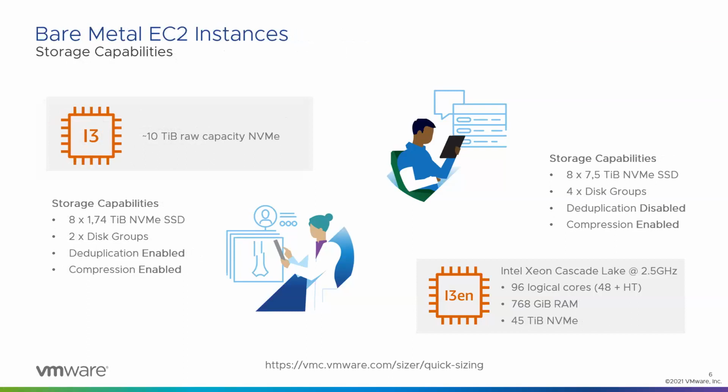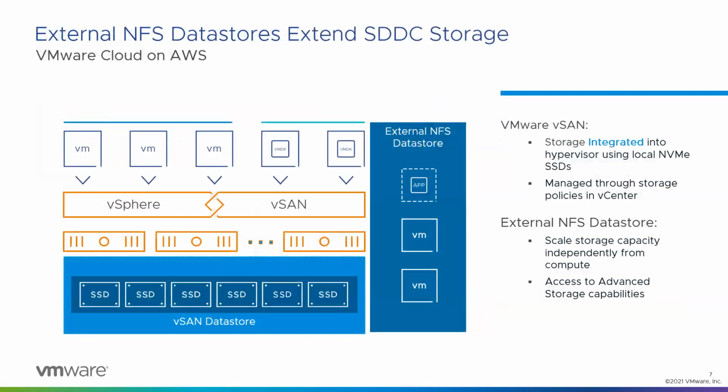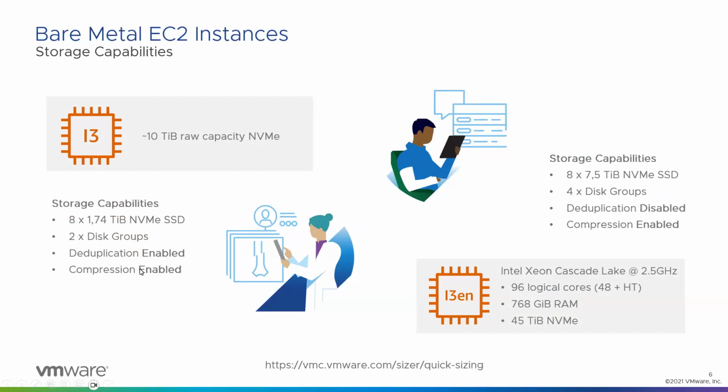From a storage perspective, right? As mentioned, we have more or less the same thing. We are featuring on i3 the lowest storage that we have. On i3en, we have 45 terabytes of raw vSAN storage, and i4i is somewhere in the middle. And we also have slightly different vSAN capabilities, right? On all the modern CPU host types, we disable deduplication.